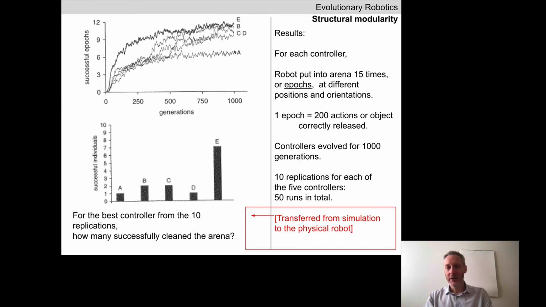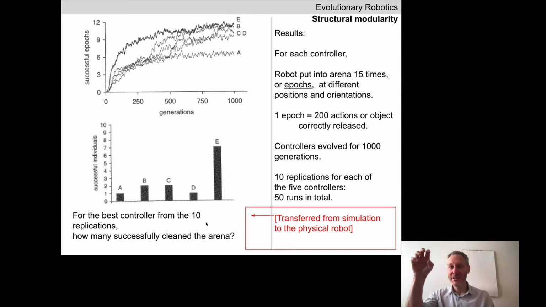They then took the best evolved controllers from the end of the A experiment, B experiment, C, D, and E experiment, dropped them in the physical robot, the physical Kepara, and looked to see how many times the physical Kepara successfully cleaned the arena.